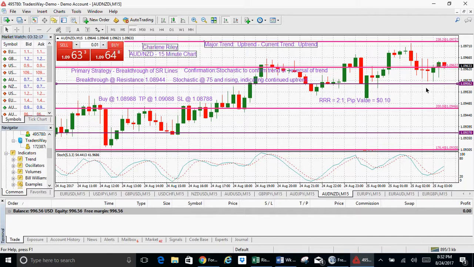So I'm just looking for some candlestick movement in the positive upward direction, which we are beginning to get.